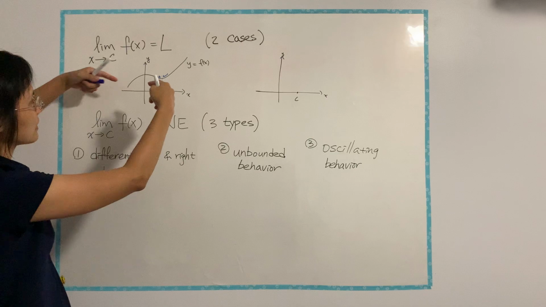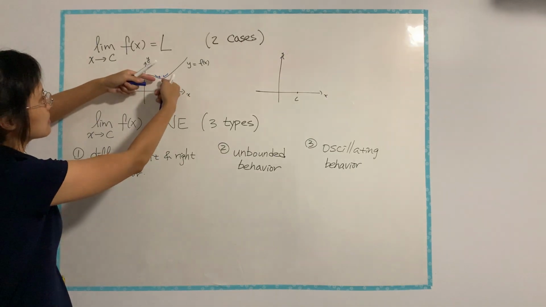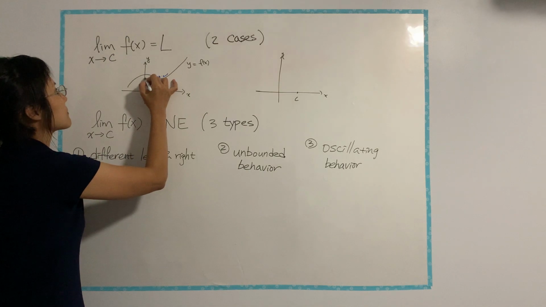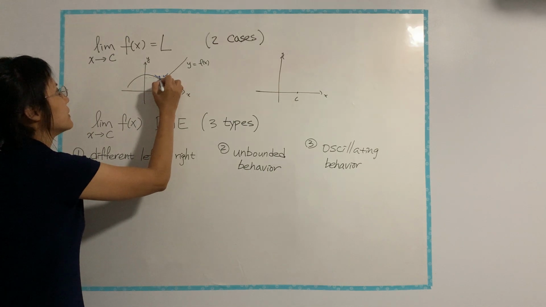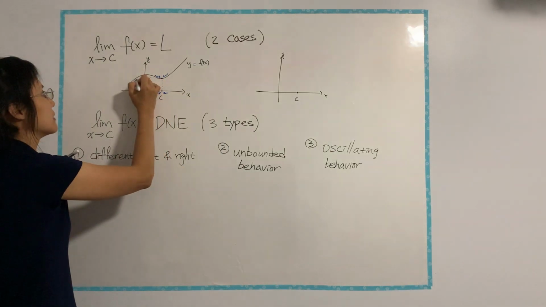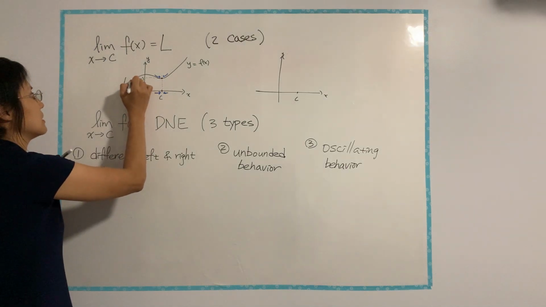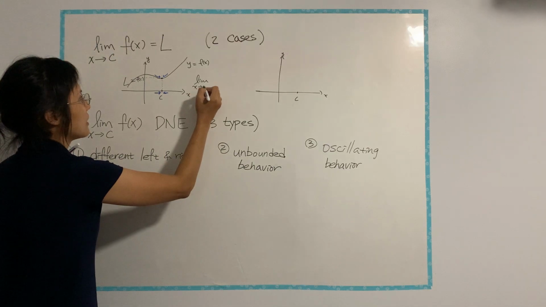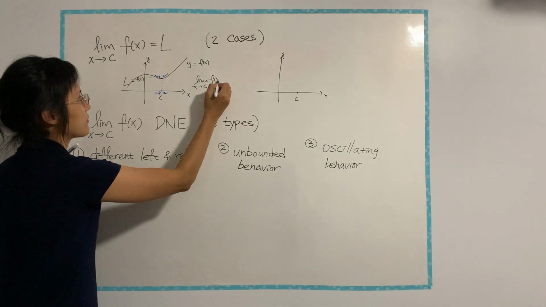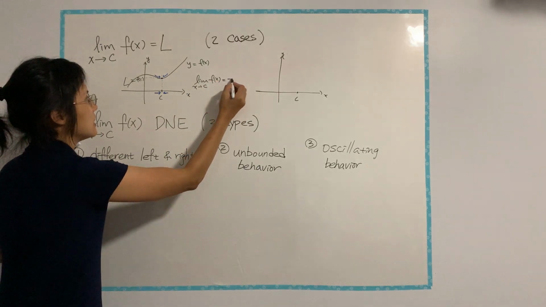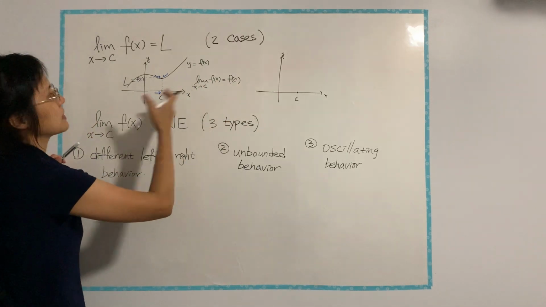You can see the values meet together, and where they meet happens to be the value f at c. So this would be the L. So in this case, the limit of the function when x approaches c equals f of c. Again, I'm just being generic.